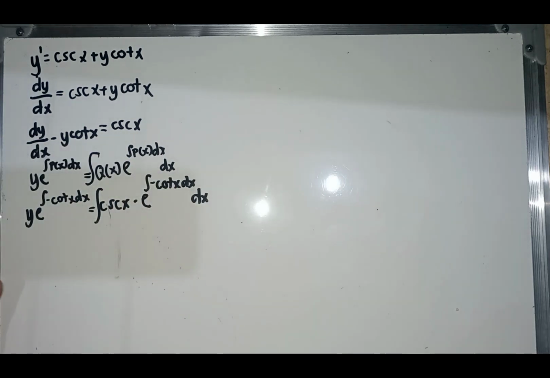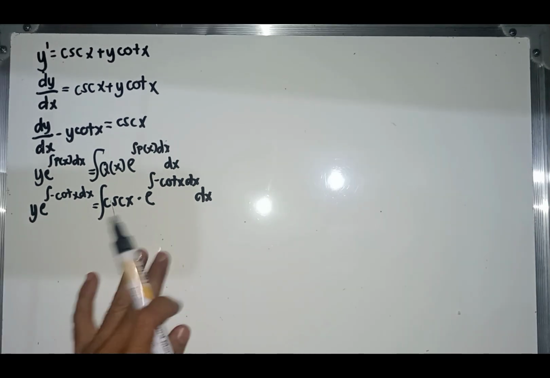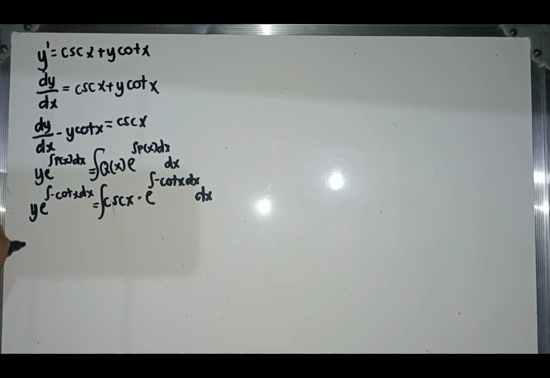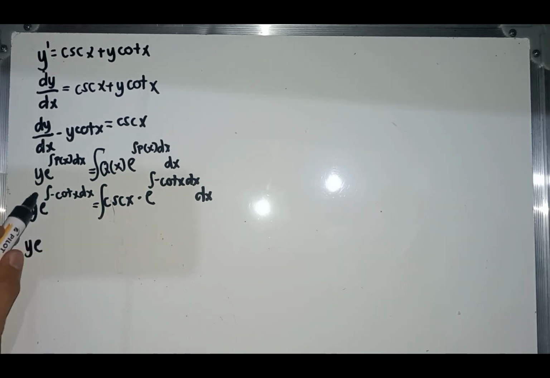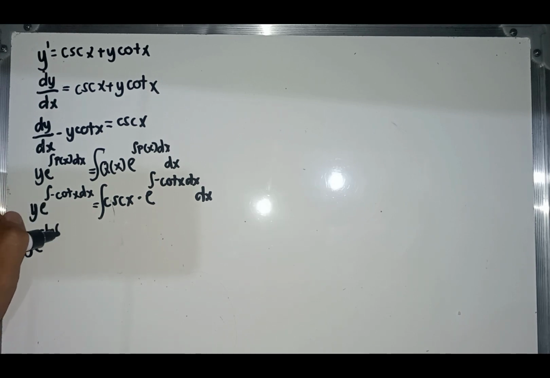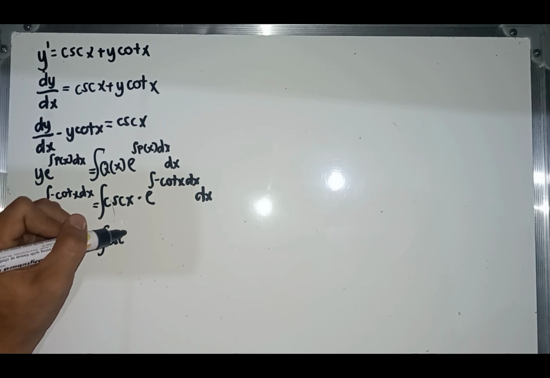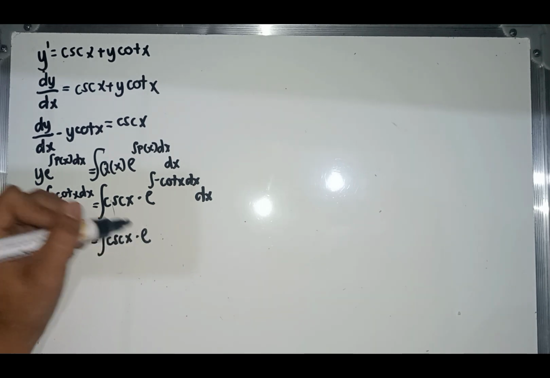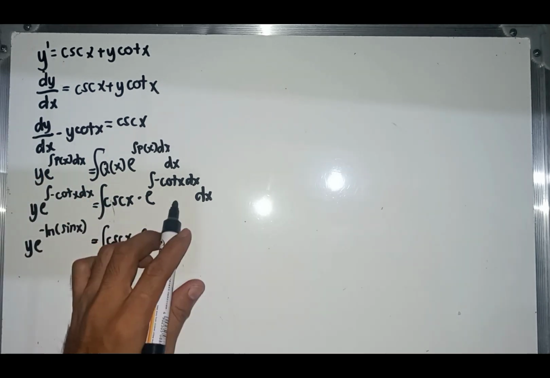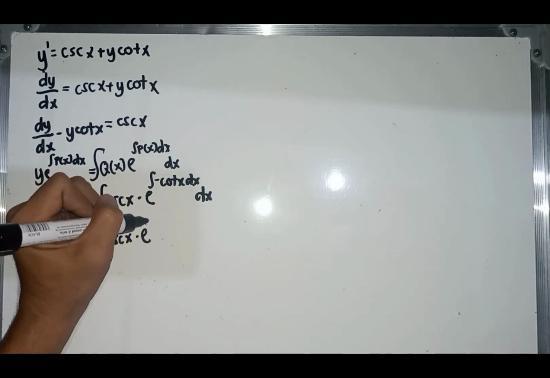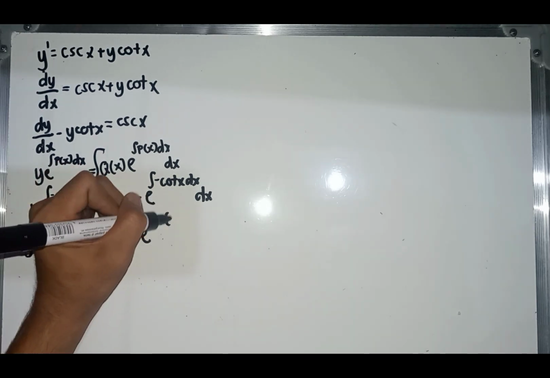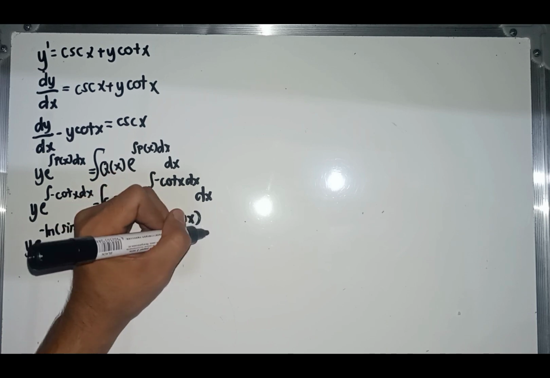Now we're gonna simplify this term. So we have y e to the power of the integral of negative cotangent, which is negative ln of sine x, equal to the integral of cosecant x multiplied by e to the integral of negative cotangent, which is the same as here, negative ln of sine of x, dx.